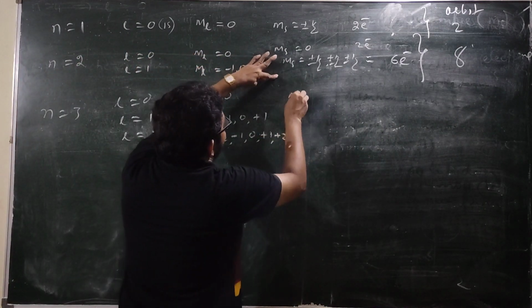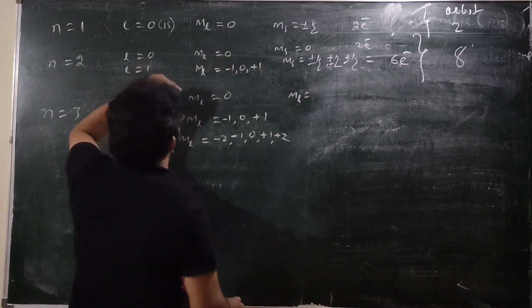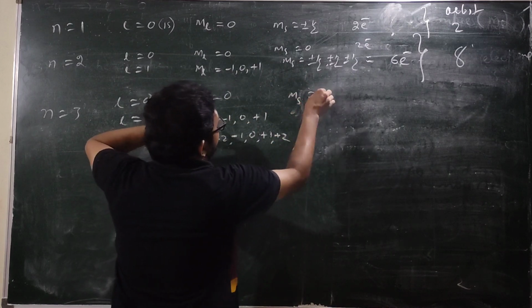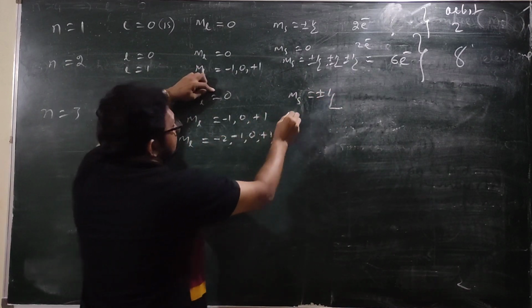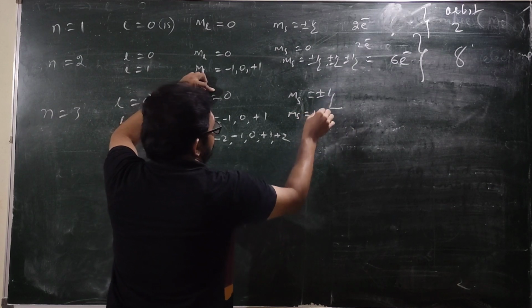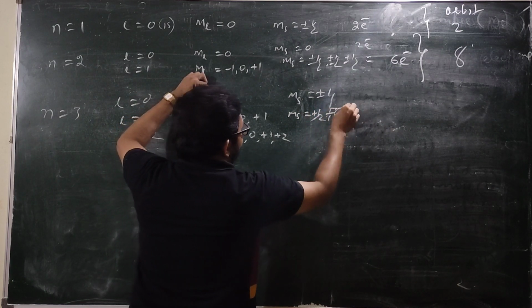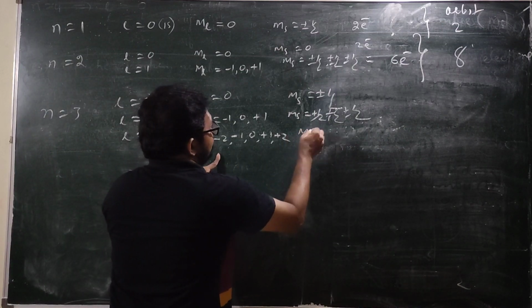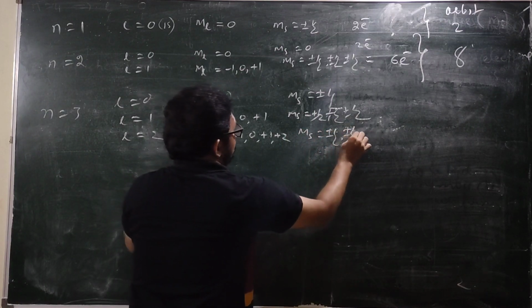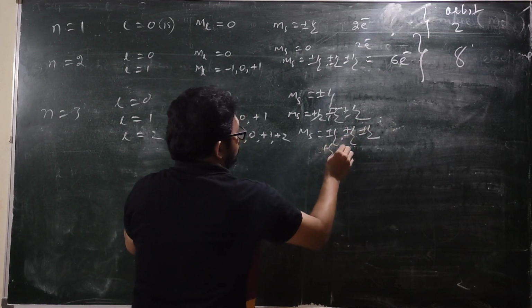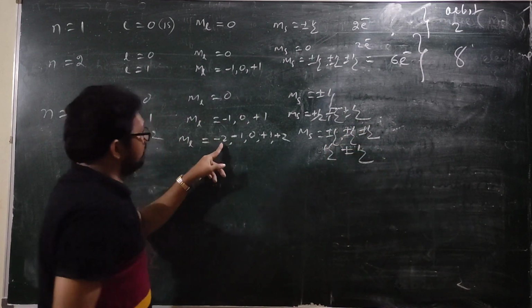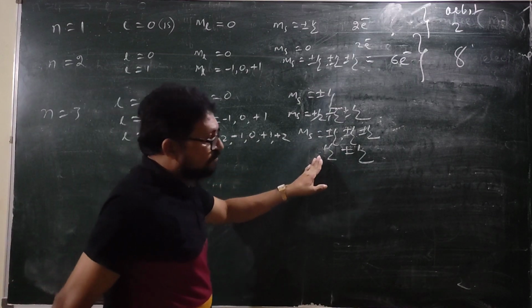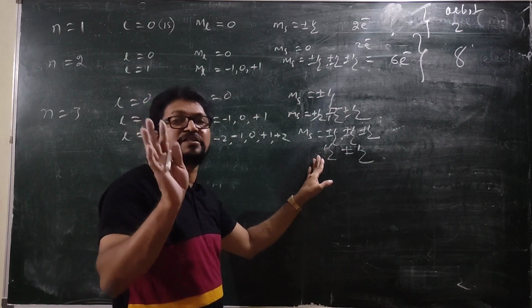Now the spin quantum number values are plus or minus half for each orbital. Here 5 orbitals are there, so 5 sets of plus or minus spin.